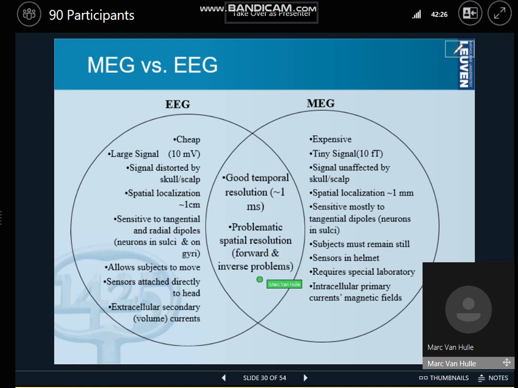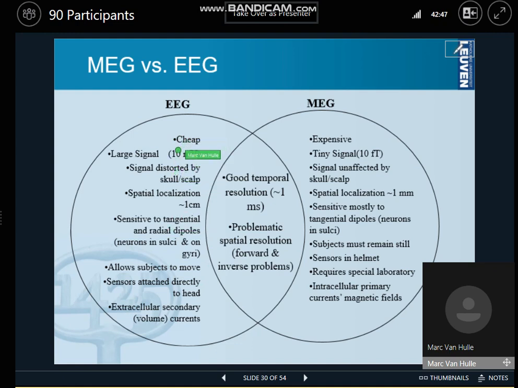But it is problematic in terms of spatial resolution. You have the inverse mapping problem we talked about. It's in a sense a two-dimensional, albeit a bit bent, coverage of activity that is actually three-dimensional in the brain.